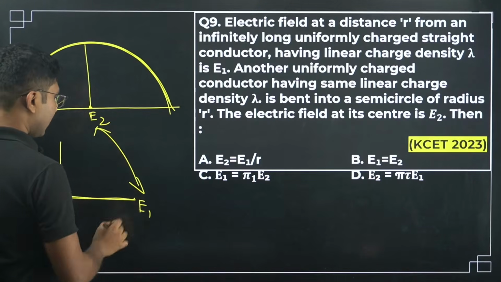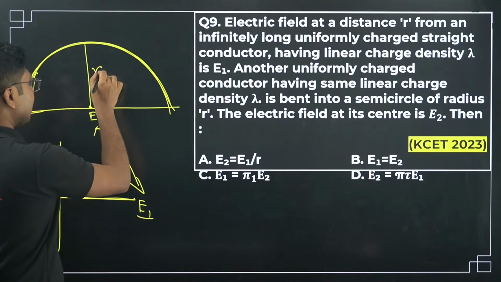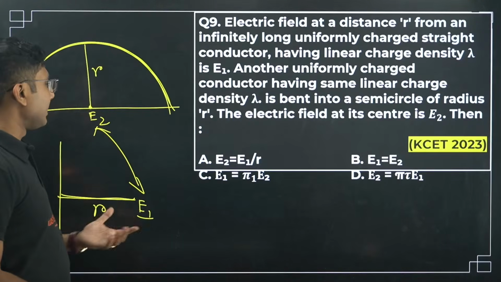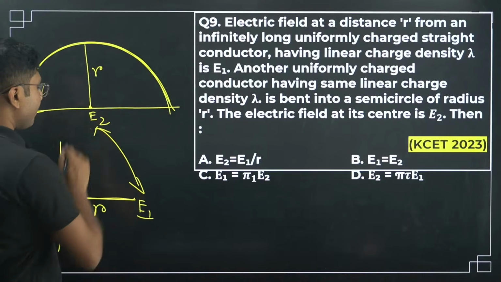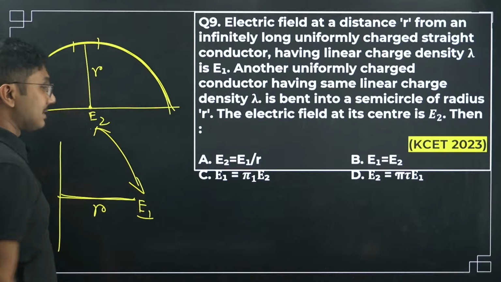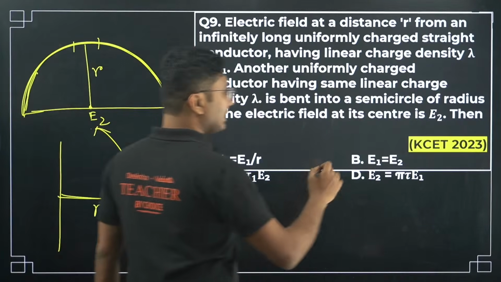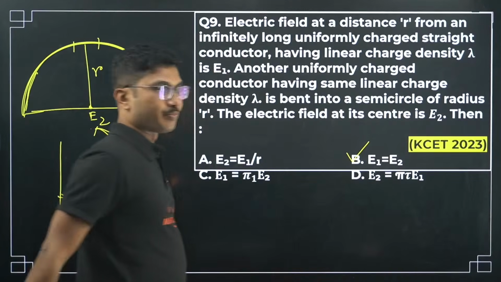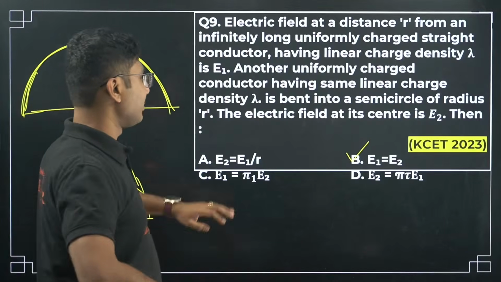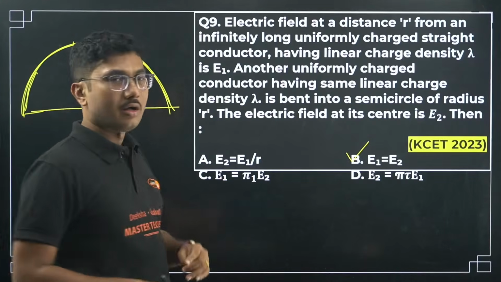So if this is E1, distance is R. Remember, the distance has to be the same. If distances are not the same, then it will not be the same, obviously. So because distance and radius are the same, in that case E1 will be equal to E2. If you want me to do the derivation, I can do it in some other class, not today, because it is a very long derivation.